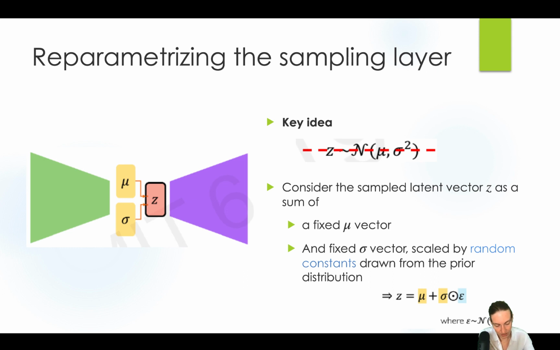So instead of seeing z as sampled from a Gaussian, consider it to be the sum of a fixed vector mu, the mean vector, and a fixed standard deviation vector scaled by random constants which are drawn from the prior distribution. So the key idea is we have a stochastic node, but since we did the reparametrization, the stochastic sampling does not occur directly in the bottleneck layer z.